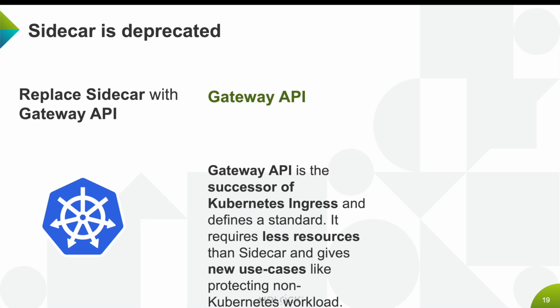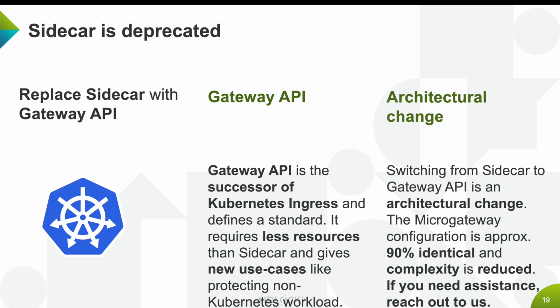Gateway API is the successor of Kubernetes Ingress and defines a standard. It requires fewer resources than Sidecar and gives new use cases like protecting non-Kubernetes workload. Switching from Sidecar to Gateway API is an architectural change.